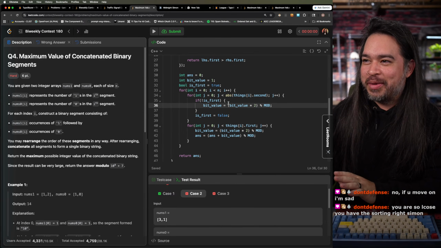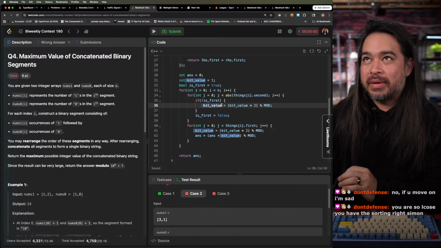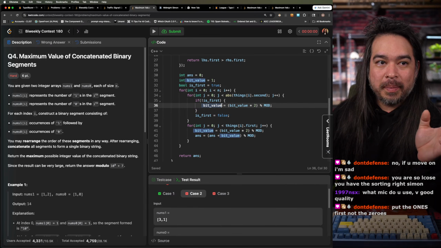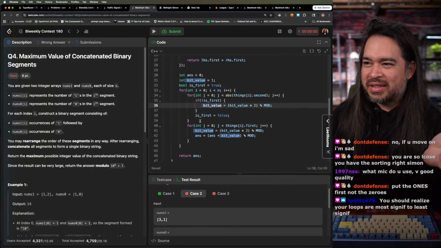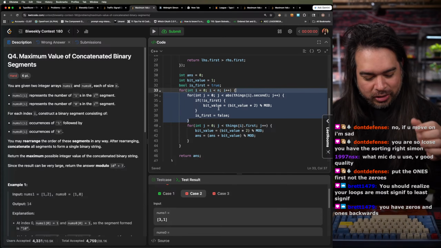All right, let me think about what the heck I'm doing. These are the zeros. I'm trying to get the bit value for each of these things as I'm going. Put the ones first. Are you sure?